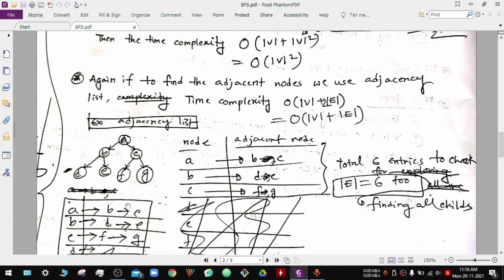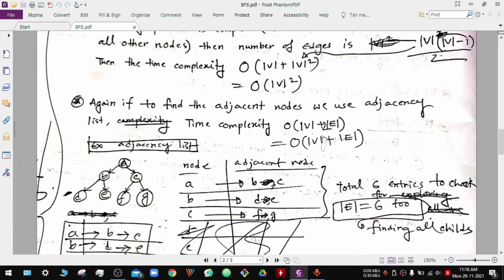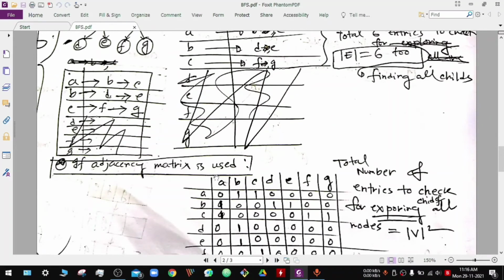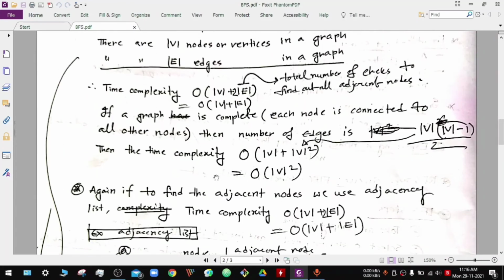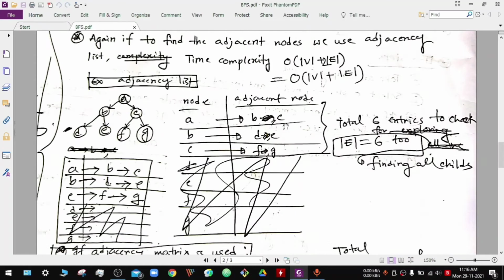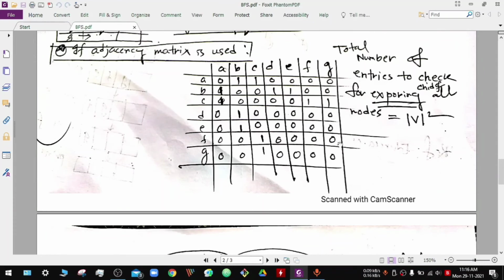If you use the adjacency list, then the time complexity is O(V plus E). But if you use the adjacency matrix, the time complexity will be the same as for a complete graph, which will be O(V squared), because there are V squared entries.